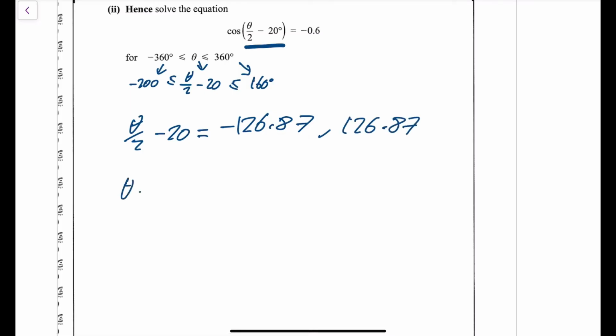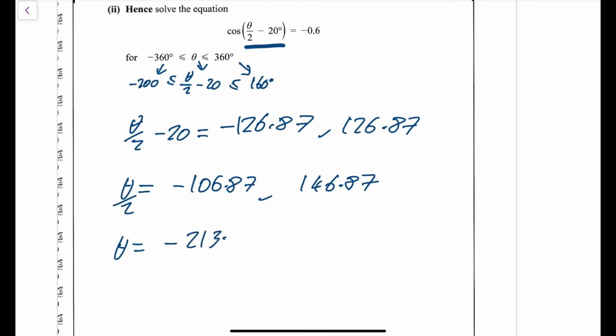So add 20 to both of those first of all. You'll have minus 106.87 and 146.87, and then multiplying them both by 2, minus 213.74 degrees, or 293.74 degrees.